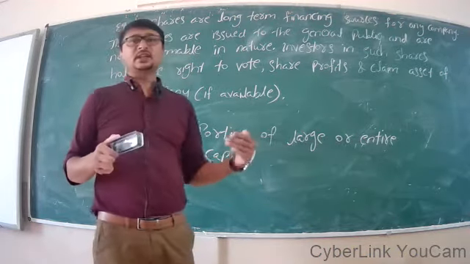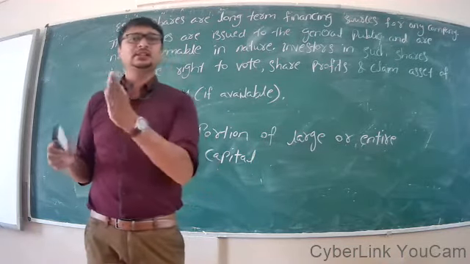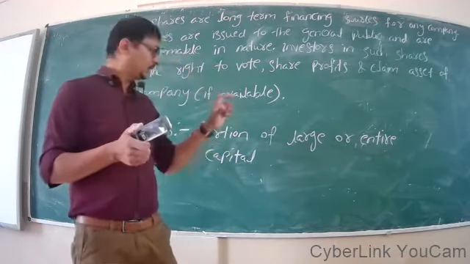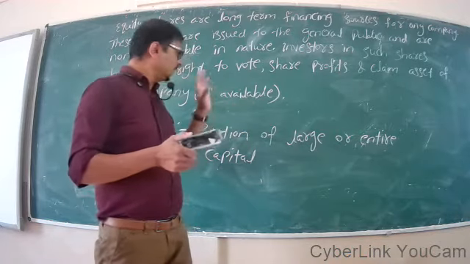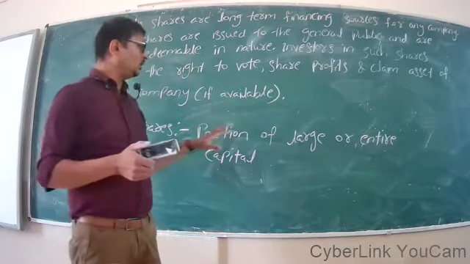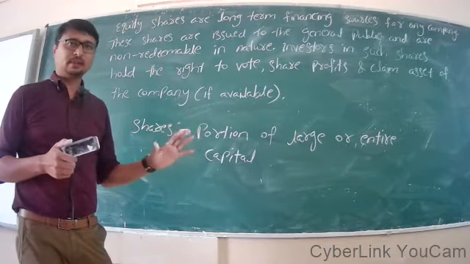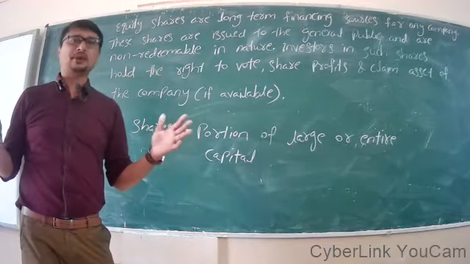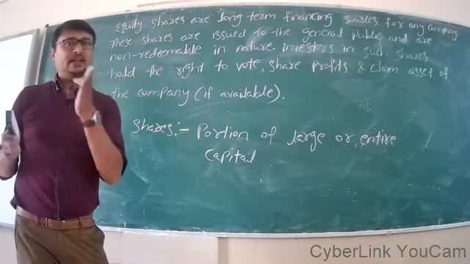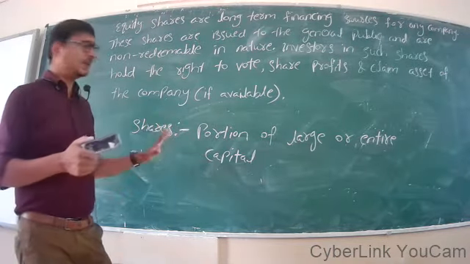Then that 600 rupees is divided into 60 units of rupees 10 each. That each unit of 10 rupees is called a share. There are 60 shares in our example. So the entire capital, that is 600 rupees, is divided into 60 parts, and each part is worth 10 rupees. We call this shares.